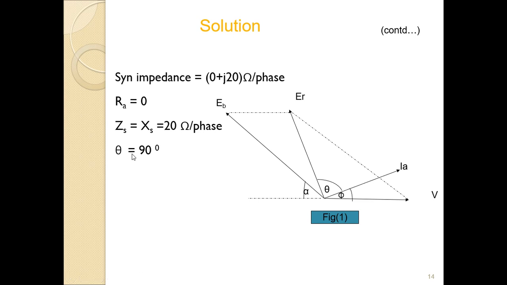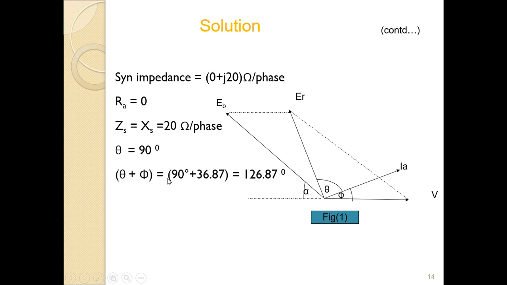Why? Because it depends on the circuit parameters, that is armature resistance and synchronous reactance XS. So theta is equal to tan inverse of XS by RA, that is 20 by 0. So that is 90 degrees.